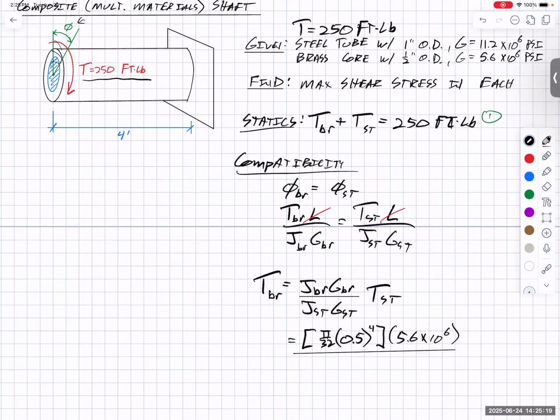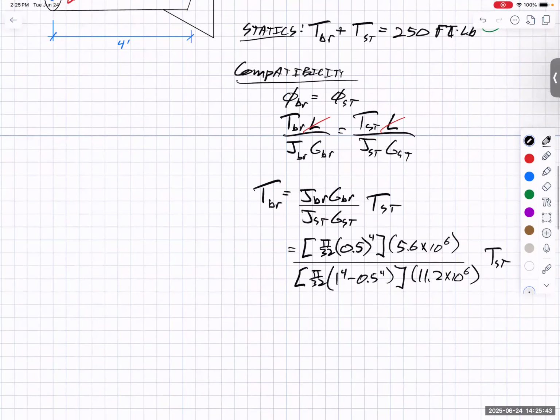And I'm going to divide all that by pi over 32 times 1 to the 4th minus 0.5 to the 4th for my polar moment of inertia, and then 11.2 times 10 to the 6th for my modulus of rigidity. And then, of course, this is my T steel over here. If I put that in my calculator, I get T brass is equal to 0.033 T steel, a very small number.